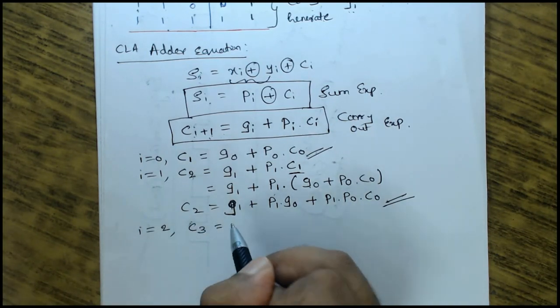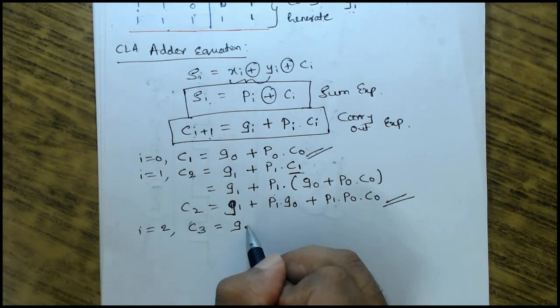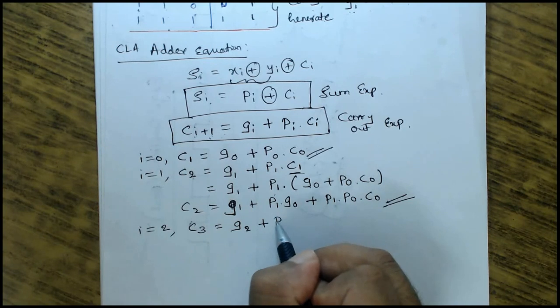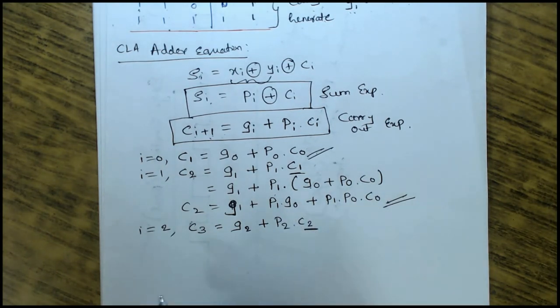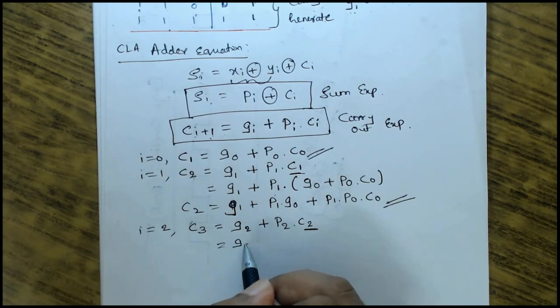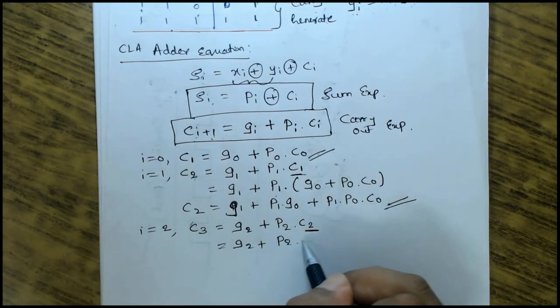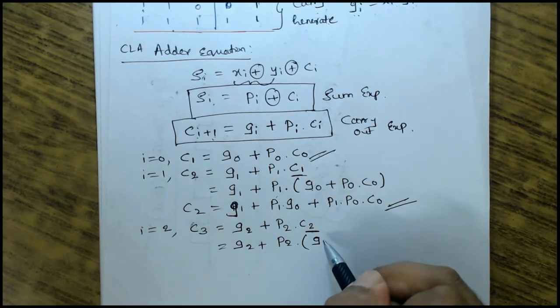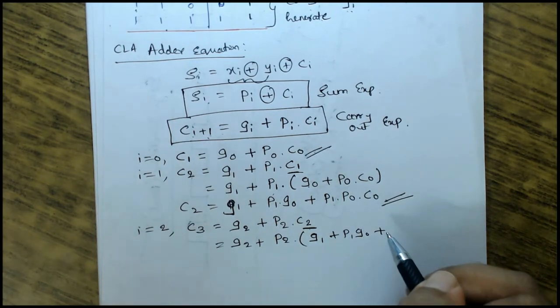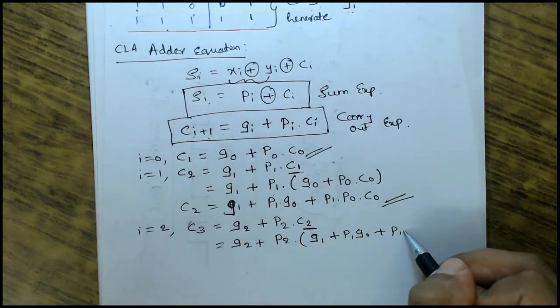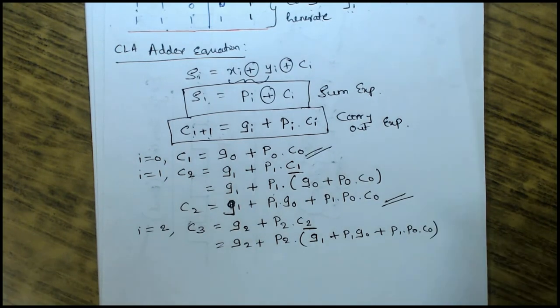C3 is equal to G2 plus P2 dot C2. The C2 expression is already computed here, so let me write it. G2 plus P2, in place of C2 I write this: G1 plus P1 G0 plus P1 dot P0 dot C0.